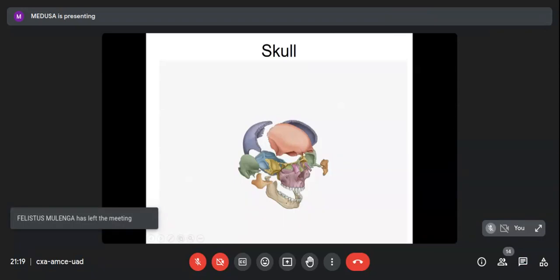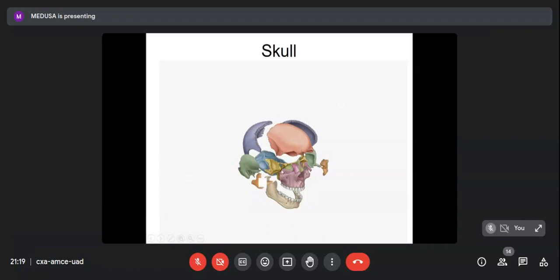as alluded to earlier. You can see from the diagram there, we have the top part made up by this bone that we're able to see on top. Probably this is the frontal bone, and we have these other bones.